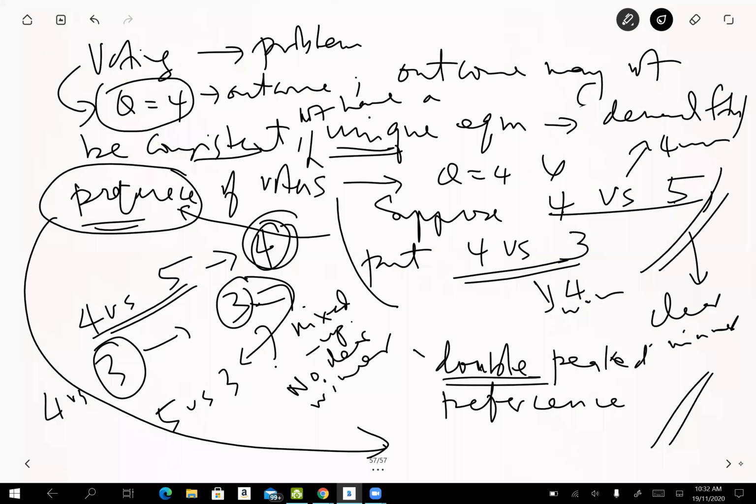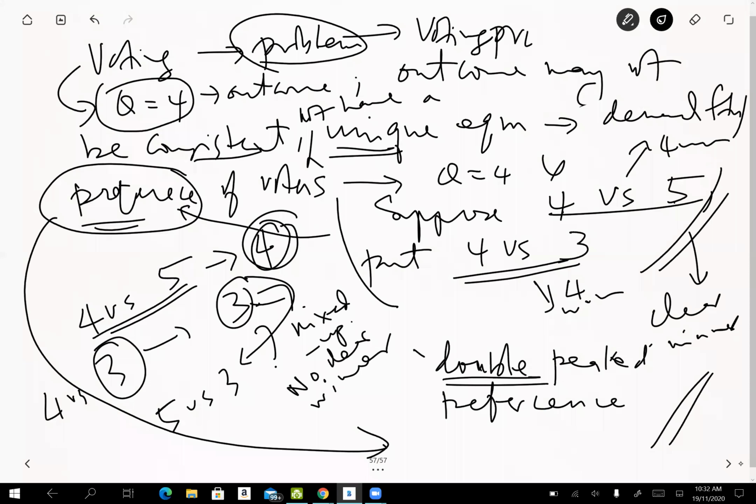Any question? You got the idea? So that is what you call the problem of voting. This is called the voting paradox. So let's consider this model. The voting process is a little bit different. We're going to vote one choice versus another and see what the outcome is.